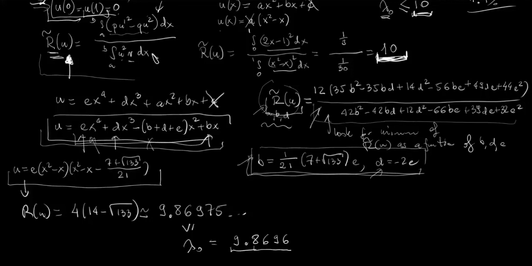So by just using the Ritz method for a test function u like this, we get this value, which is almost the same. This is how people numerically evaluate the lowest eigenvalues for Sturm-Liouville problems.